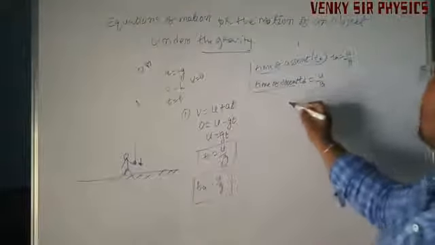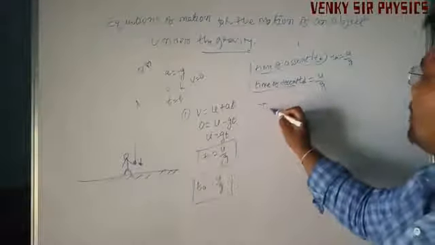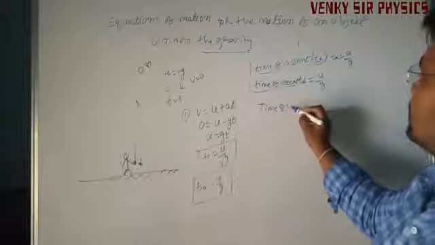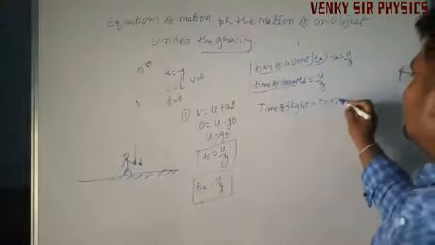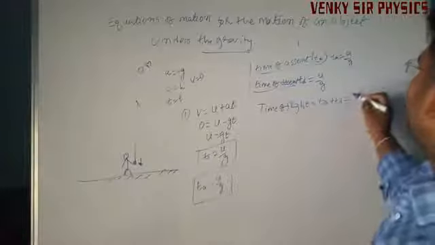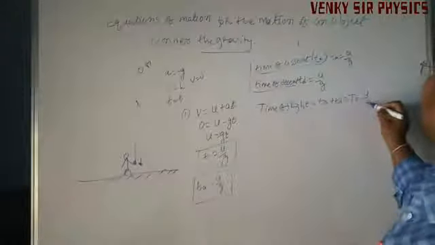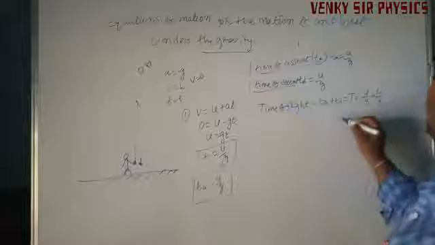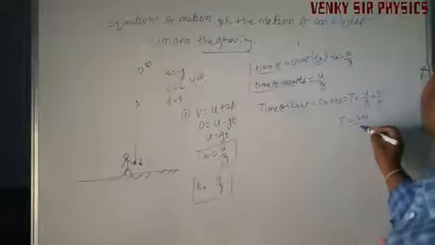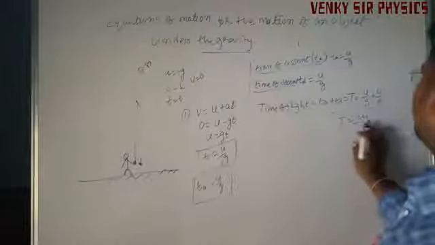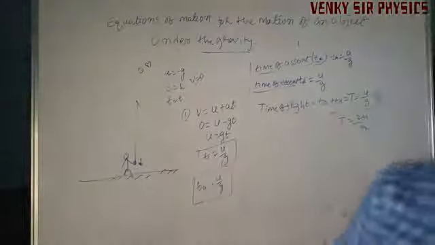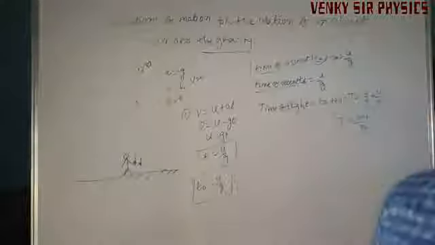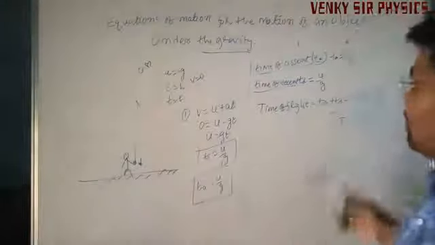So total time is the time of flight. Ta plus Td is equal to capital T, that is u by g plus u by g, so T is equal to 2u by g. The total time taken by a particle in air is called time of flight.